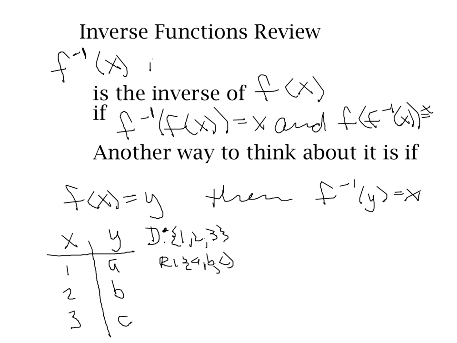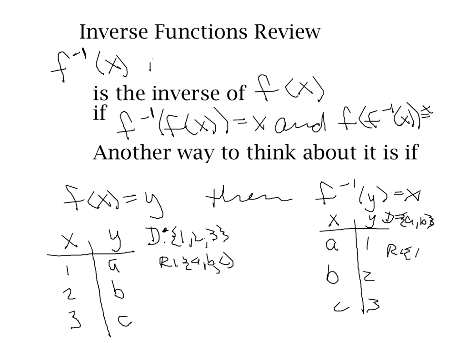But over here at my inverse, I still have x and y, but my x for my inverse is my output for my regular function. So x for my inverse would be a, b, c, and my y would be 1, 2, 3. So over here, my domain is the range of my regular function. So I get domain is a, b, c, and range is 1, 2, 3.